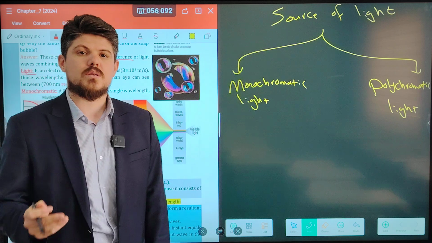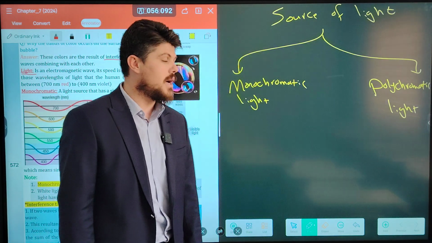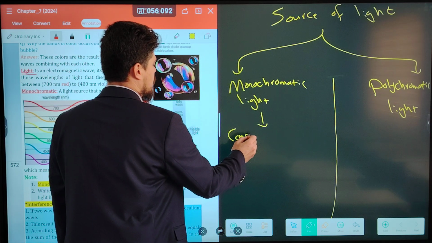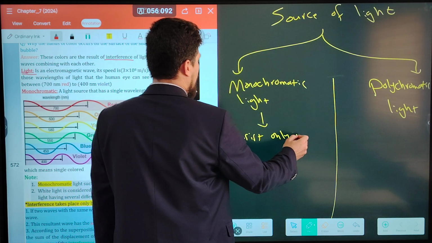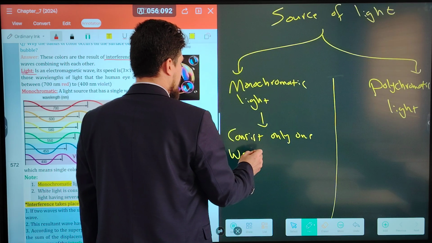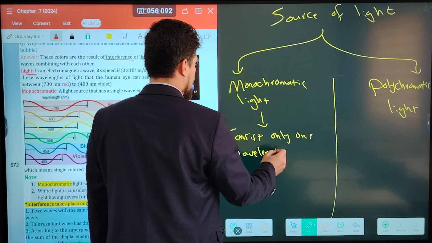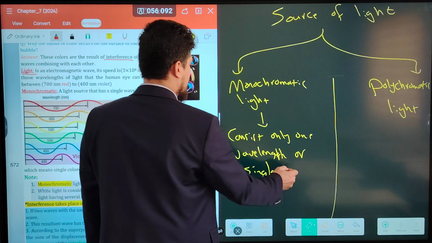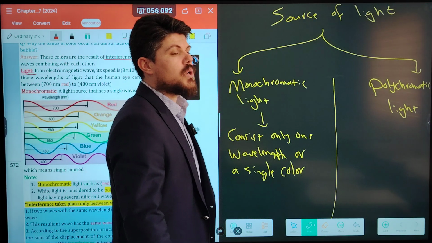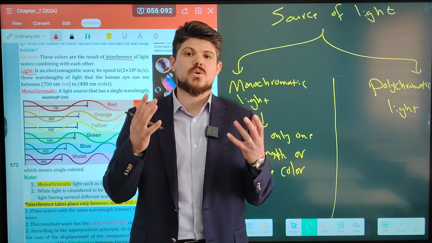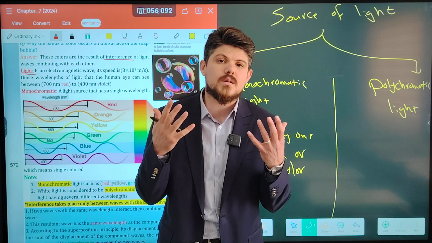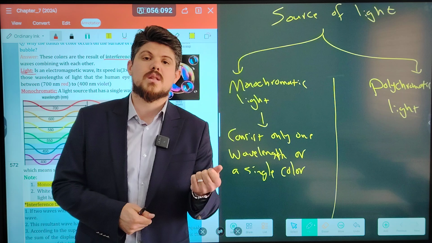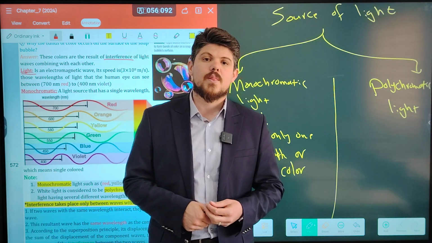What is the difference between them? A monochromatic source is a source that contains only one wavelength, or a single color, such as a laser, for example the red laser, green laser, or yellow laser.